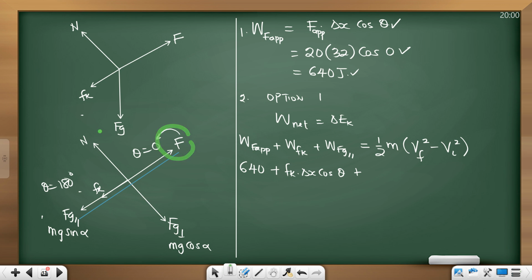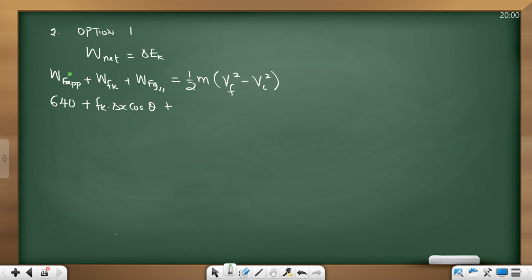They're actually 5: 1, 2, 3, 4, 5. But these 2 are not doing any work because they are perpendicular to the displacement. Are we okay, Oratile? Yes, sir. And we have 1, 2, and 3. We're good? Once you highlight that, you just substitute now.